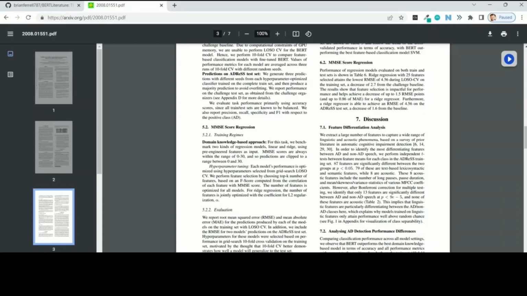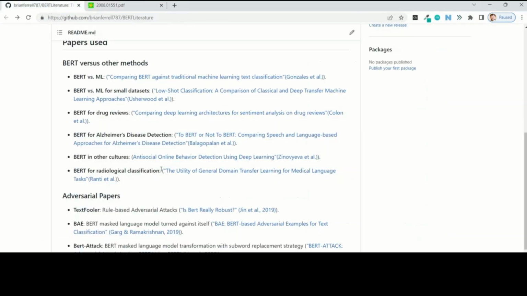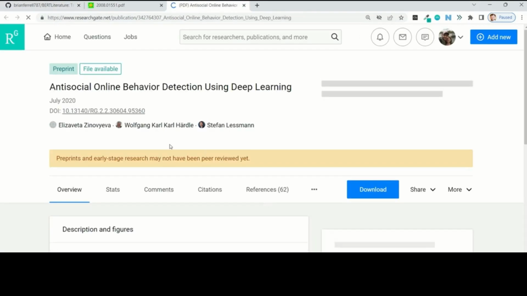You don't know. But in conclusion, the authors wish to explore different ways of combining representations from BERT with those handcrafted features, which I think would be really cool to see if it boosts the performance in any way. The next paper is about BERT being used in other cultures.